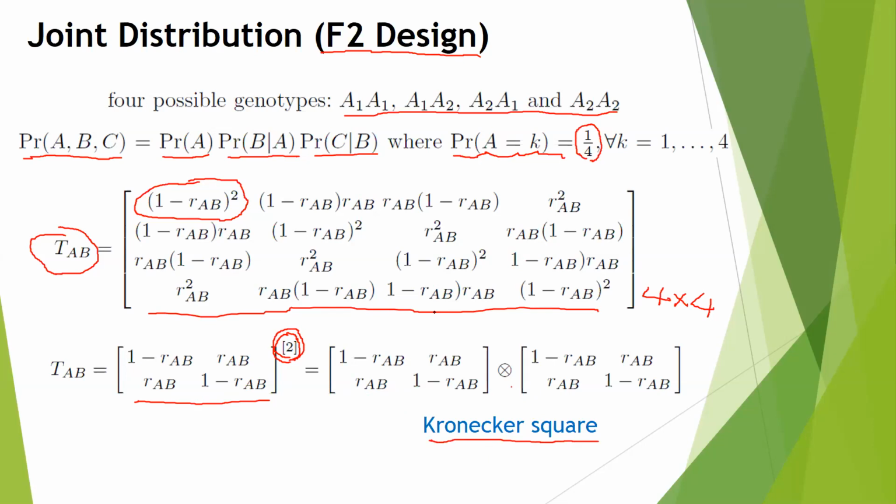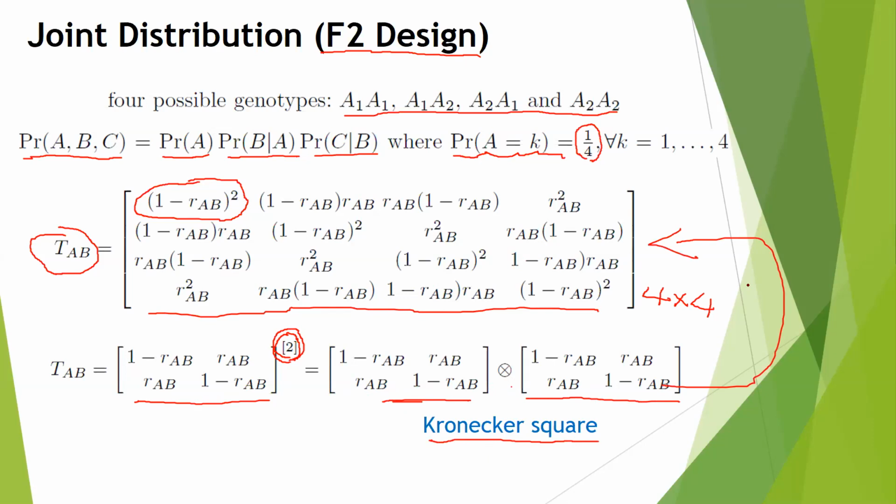Just now I showed you the dot product of matrices, but this is another operation called the Kronecker square. So when we square this matrix, you will get exactly the same thing here.